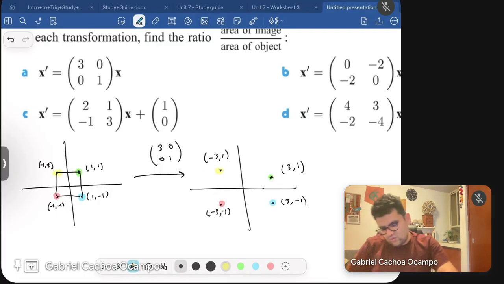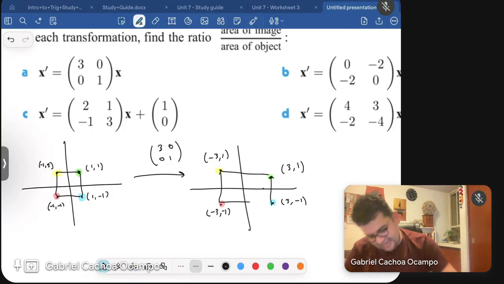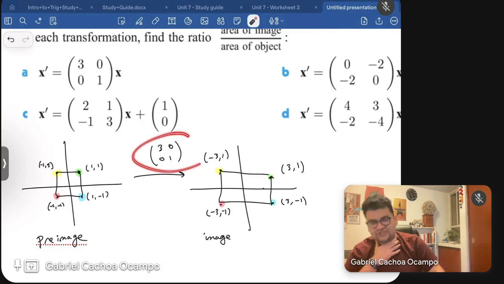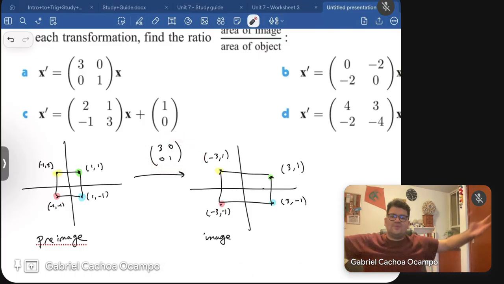Okay, so what I want to illustrate with this is to show you, if you have, o sea, this is my pre-image, and this is my image. And this matrix has a geometrical meaning, no?